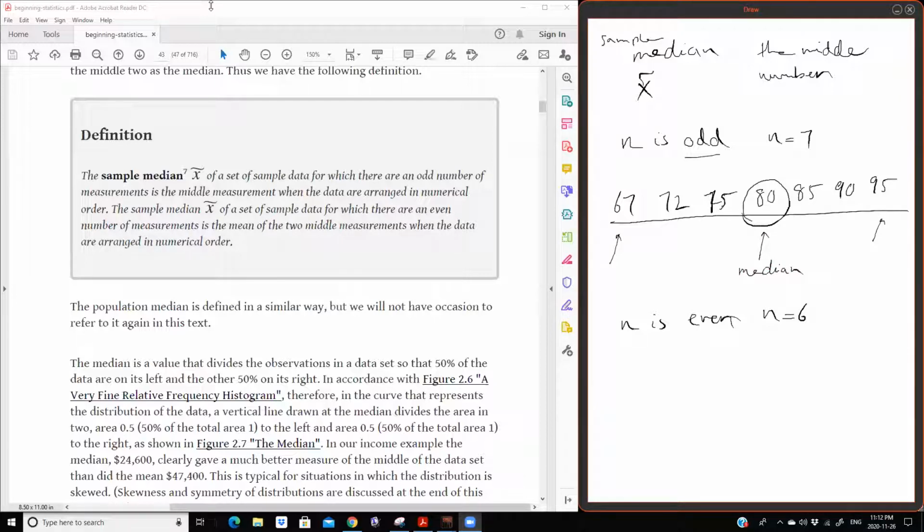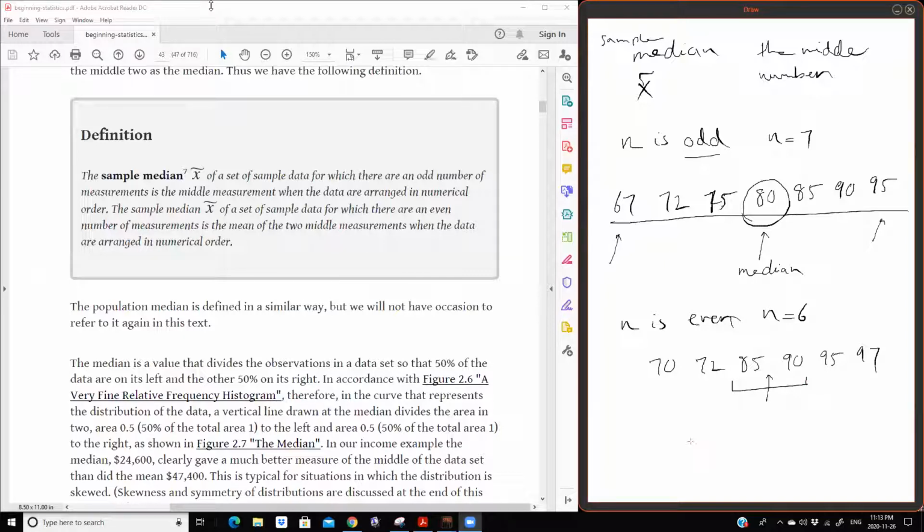But if you have an even number of individuals, so imagine you have grades 70, 72, 85, 90, 95, 97, 6 numbers in total. Then there is no middle. There are actually 2 numbers in the middle. So what do you do?